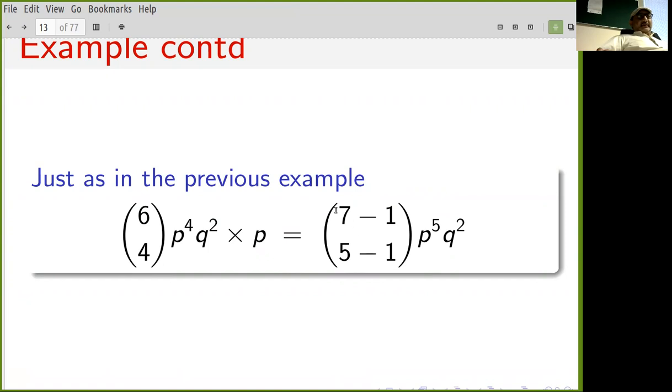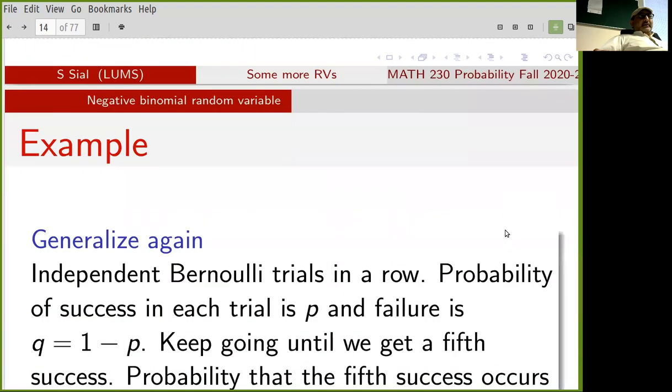You have 6 trials in which you have to place 4 successes, so there's 7 minus 1 choose 5 minus 1 ways of doing that. And then you're going to get 5 successes with probability P and 2 failures with probability Q. So 7 minus 1 choose 5 minus 1, P to the 5, Q to the 2.